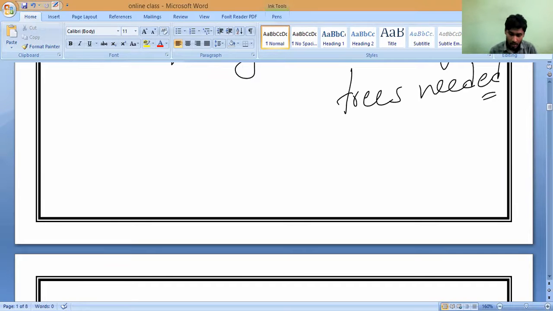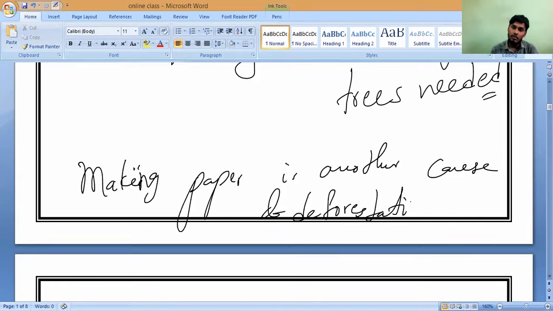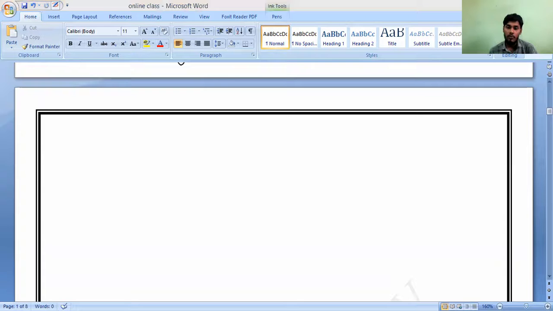We have so many things, like making furniture, but making paper is also another cause of deforestation.